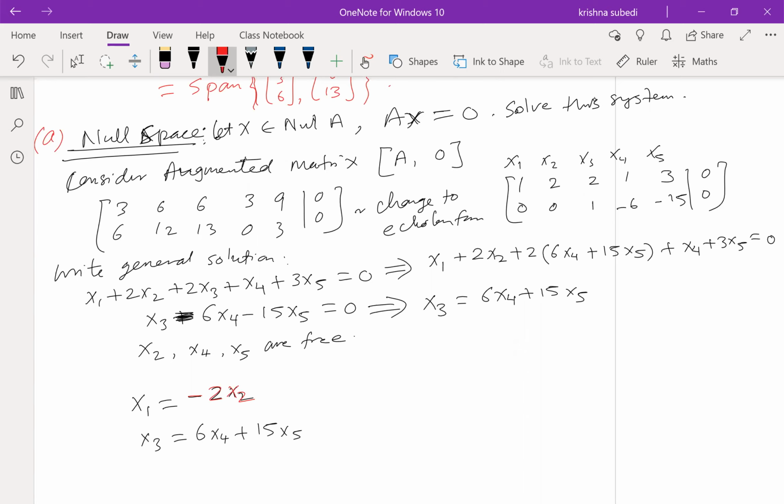Parnit, can you tell me what this is? x1 equals how much? Is Parnit here? Dhruv, can you tell me what this is?